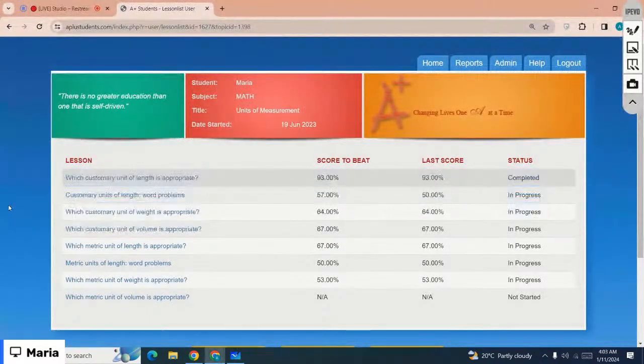Please make sure you have your notebook and pencil so that you can note down the important examples and definitions as well. Let's start with the first lesson, unit of measurement: which customary unit of length is appropriate.